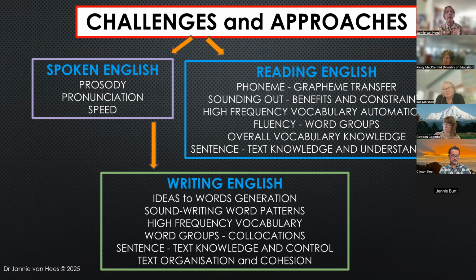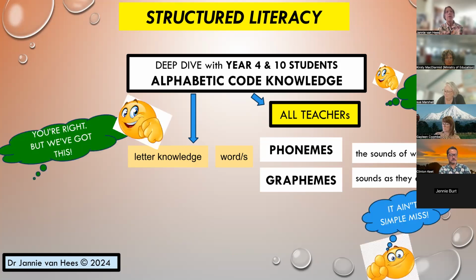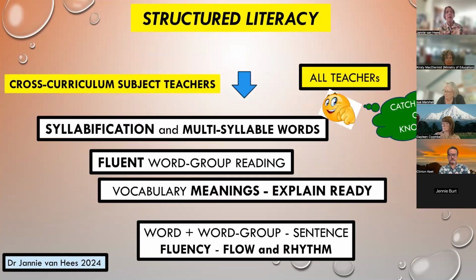And I would say that while we can look at phoneme to grapheme, whether you're doing the Joy Allcott Catch Up Your Code or whatever other alphabetic code program there is, or if you want to do another focus at the word level and syllabification.